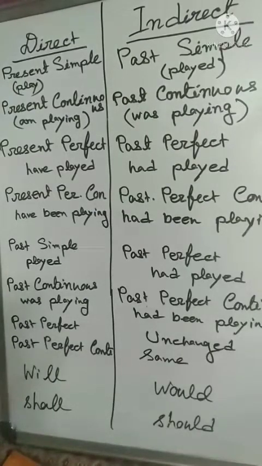Come to the past tense. Past simple changes to past perfect. If in direct speech it is played, it will be had played. Past continuous will change to past perfect continuous. If it is was playing in direct speech, it will be had been playing in indirect speech.